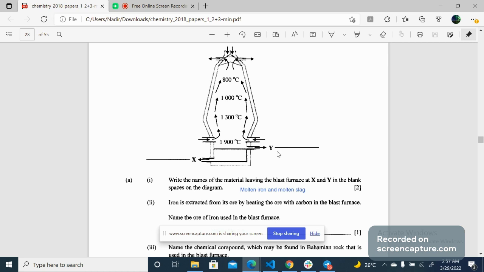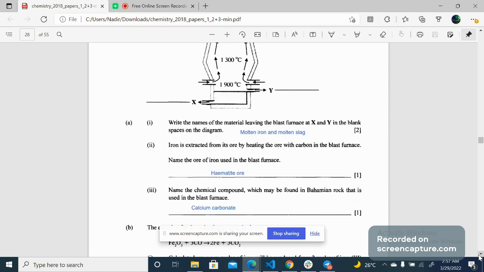These are molten iron and molten slag that come out from the X and Y points respectively. So this is the answer to this question.